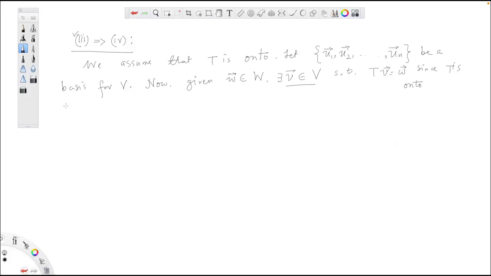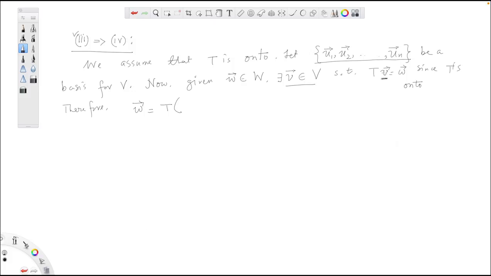Therefore, the vector W is equal to T acting on the vector V, right? And the vector V can be expanded in this basis.